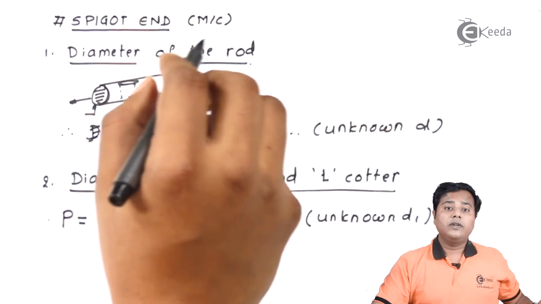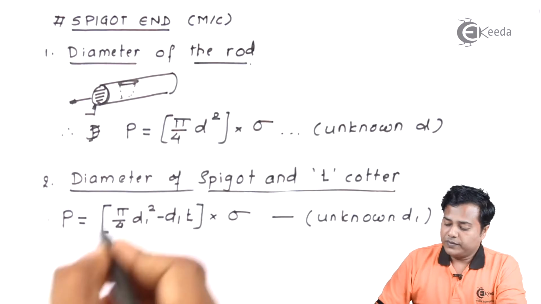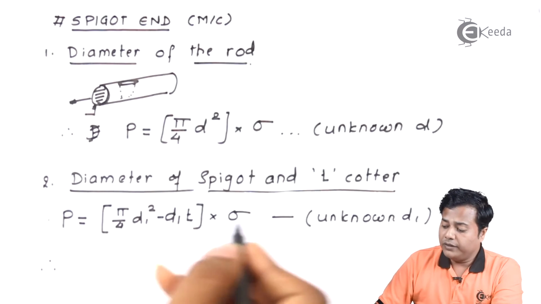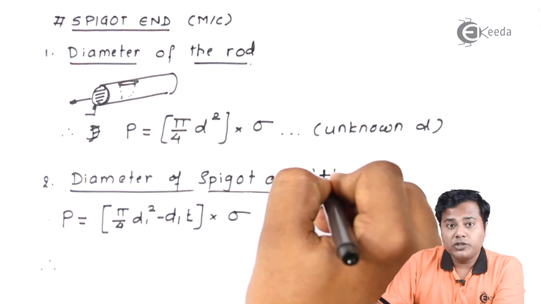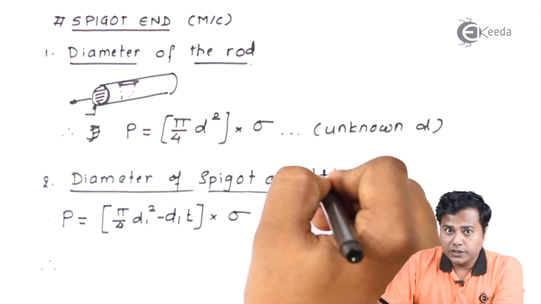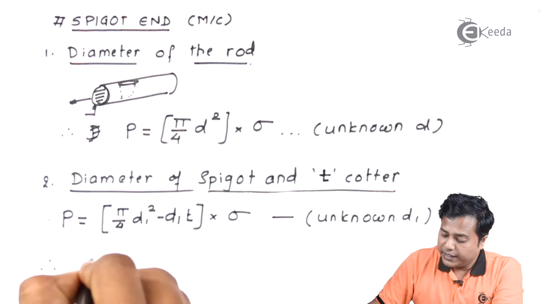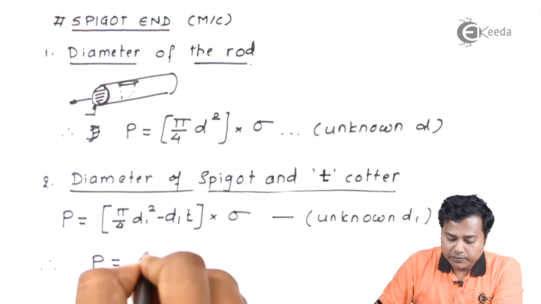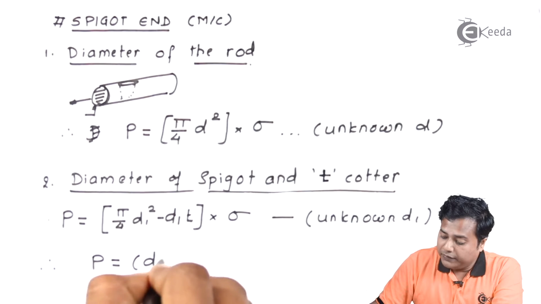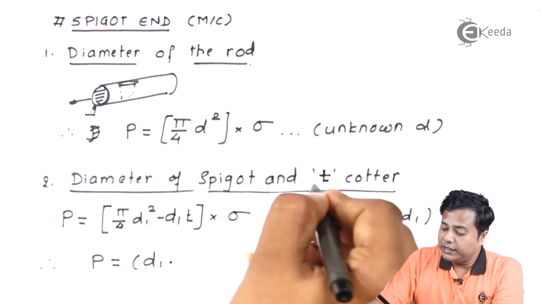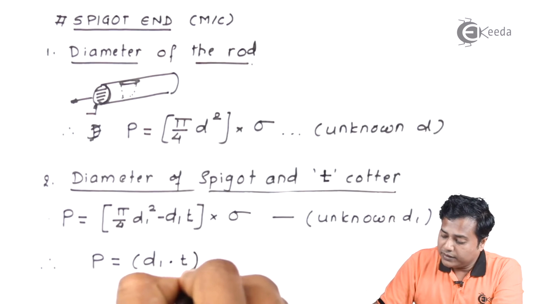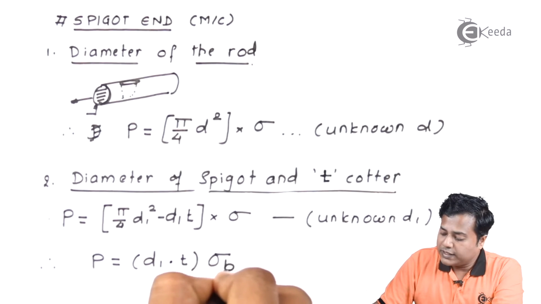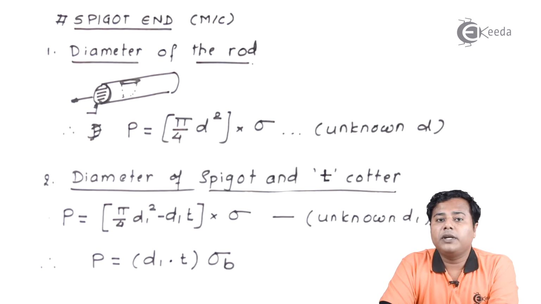Crushing load is a kind of compressive load, and therefore when we need to decide the dimension T, thickness, we need to consider this formula, which says that the axial load is given by D1, where D1 is nothing but the diameter of spigot, into thickness T into sigma B. Sigma B is nothing but the crushing stress.